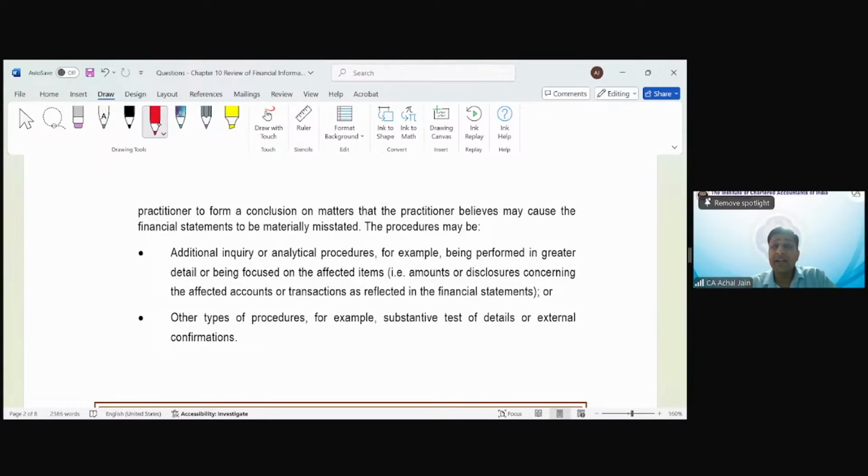But that doesn't mean it will extend to all the areas. It will be limited to that particular area. Otherwise, he'll move on to audit. So the idea is not to change the scope completely. Idea is to just ensure that he has got enough evidence. Why? Because on that basis, he'll have to report, whether it is clean report or modified one. Clear?